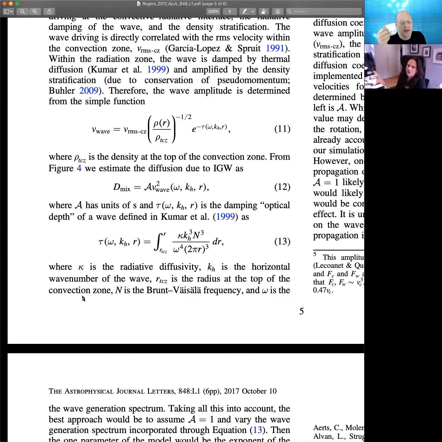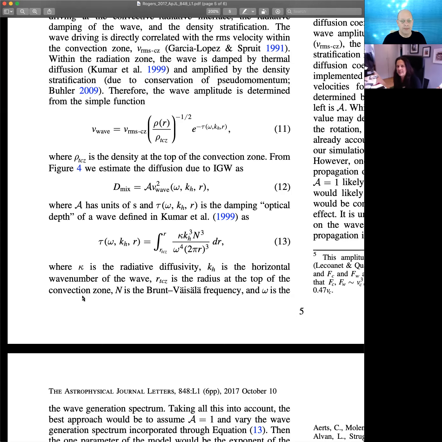If you assume some spectrum of waves with some frequencies and wavelengths, calculate their amplitude as a function of frequency and wavelength, and then integrate over all those wavelengths, you can put that into your e to the -tau, and you have some wave amplitude squared.